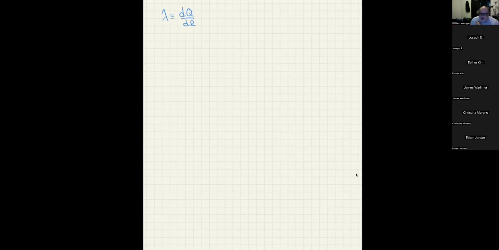Okay, now lambda doesn't have to be a constant, but if it's uniformly distributed, then yeah, lambda is a constant. Another one we have is sigma, which is that symbol there, and that's actually dq over dA, where A is an area element. That dA in the bottom, which is a whole mathematical thing all by itself, is not just part of a symbol.